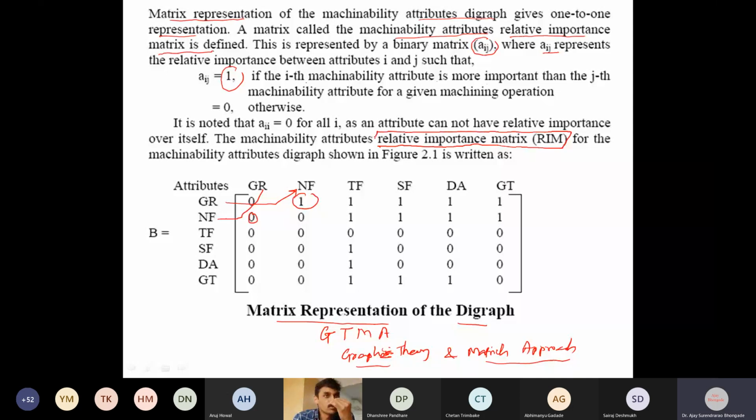Now, there could be several ways of stating all these things. This is just to introduce you to how graph theory and matrix approach could be used. Whenever we try to solve the problem, these things have to be done repeatedly. So we have introduced it right now.